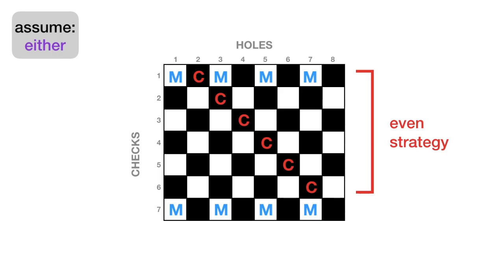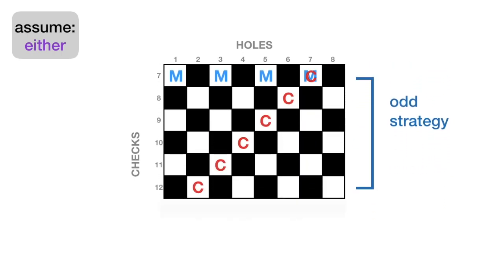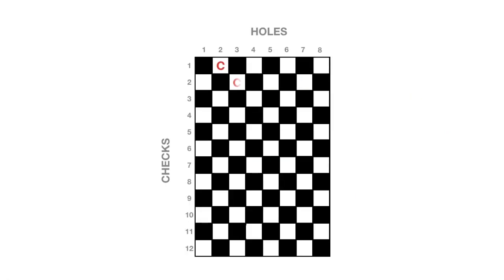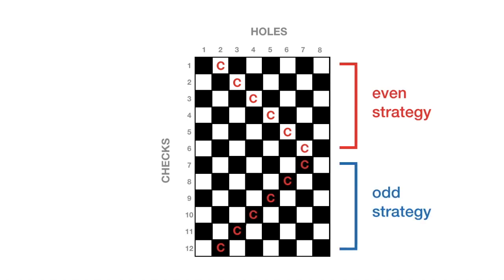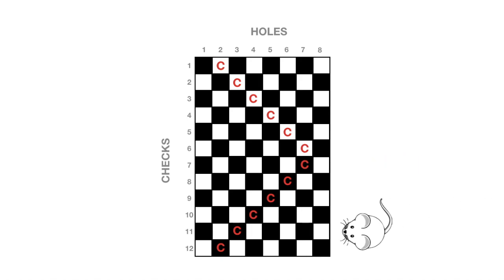With this knowledge, we can begin our odd strategy. 7, 6, 5, 4, 3, 2. By check 12, we will have caught the mouse. Here's what the 2 partial strategies look like back to back, together forming a comprehensive strategy for the cat to use to unfailingly catch the mouse.